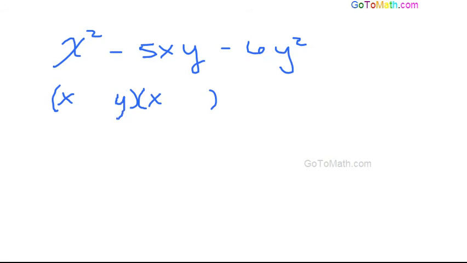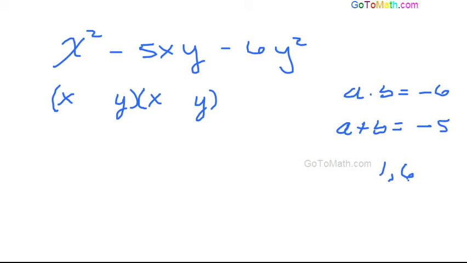So we know that there must be a y here and a y here, because y times y is y squared. So really all we're looking at is the same thing we've seen in the past, where we multiply two numbers together and we get negative 6, and then when we add them we get that negative 5 there.